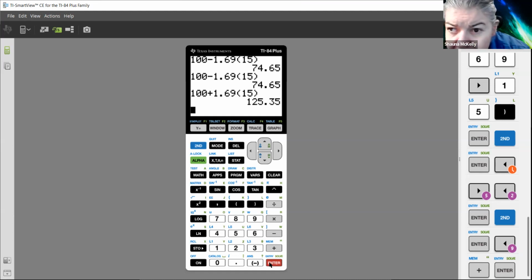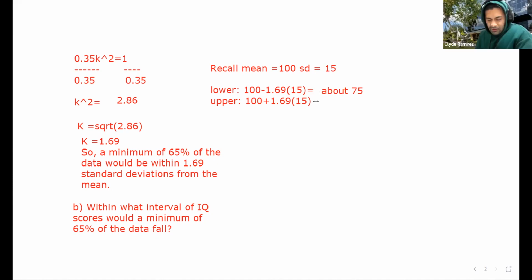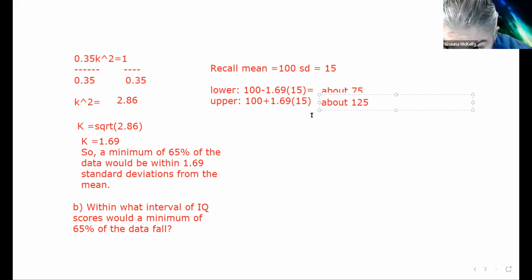This is one of those cases where if they told you how many decimal places to use, then you would follow that. This is a different number than you would get if it was normal by the empirical rule. But I just wanted to show you that.